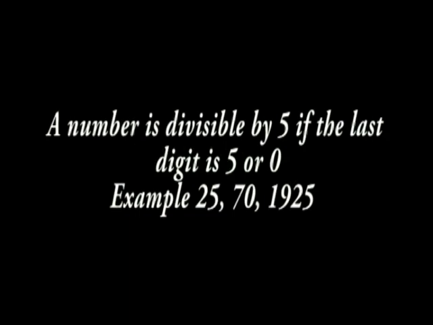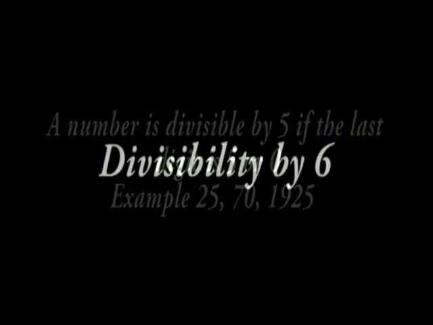Divisibility by 5. A number is simply divisible by 5 if the last digit is 5 or 0. Divisibility by 6. Take a keen look at the list of numbers below. All of these numbers are divisible by 6.